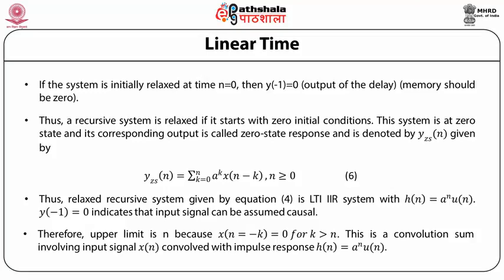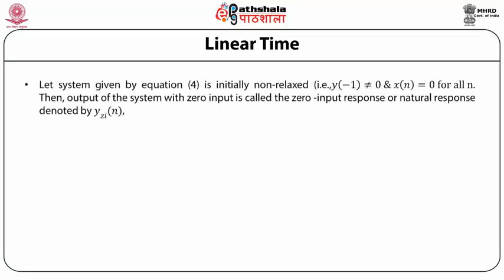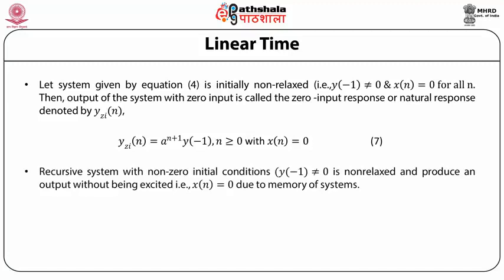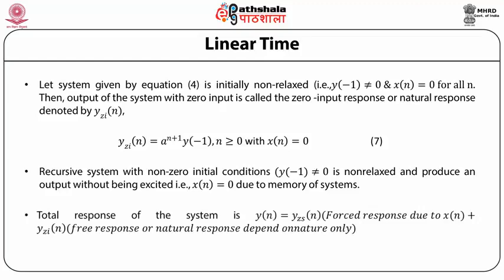So let the system, which is given by equation 4, be initially non-relaxed. That is, y(minus 1) is not equal to 0 and x(n) is equal to 0 for all values of n. Then the output of the system with 0 input is called the zero input response or natural response, which is denoted by y_zi(n). So y_zi(n) will be equal to a to the power n plus 1 y(minus 1), n greater than or equal to 0, with x(n) equal to 0.